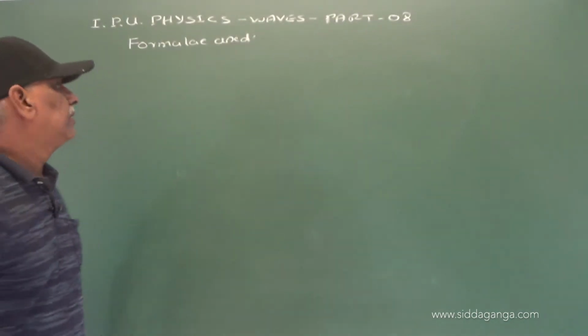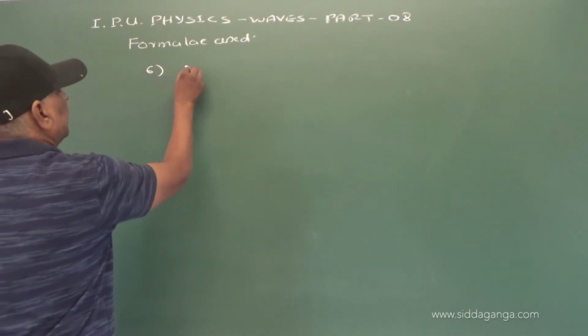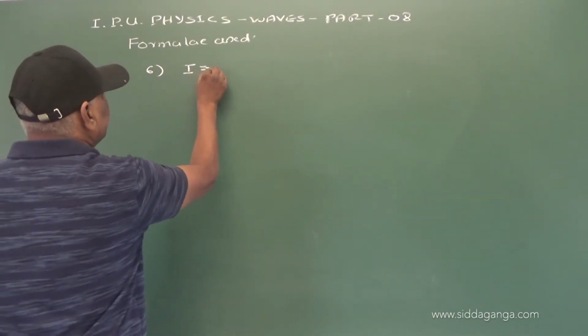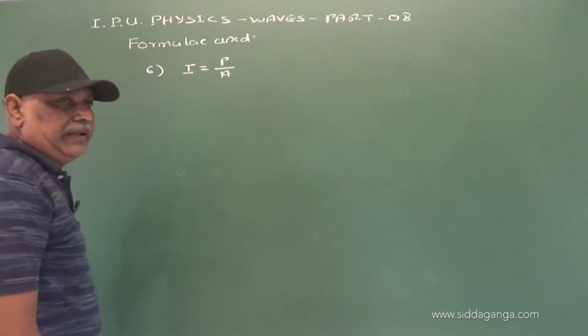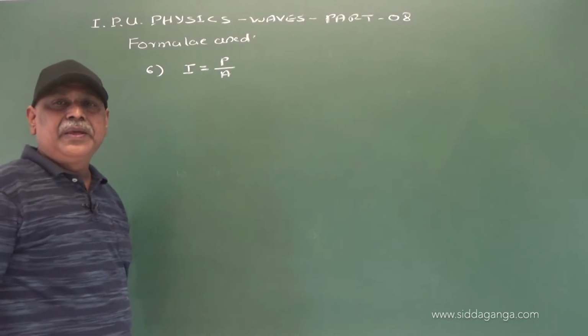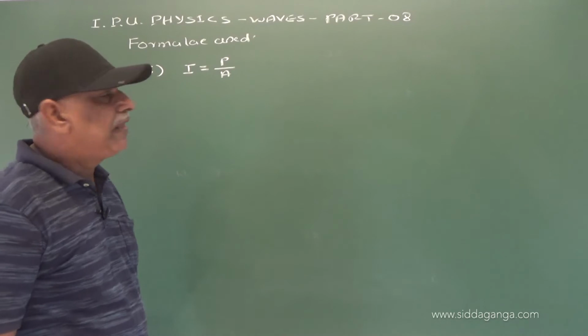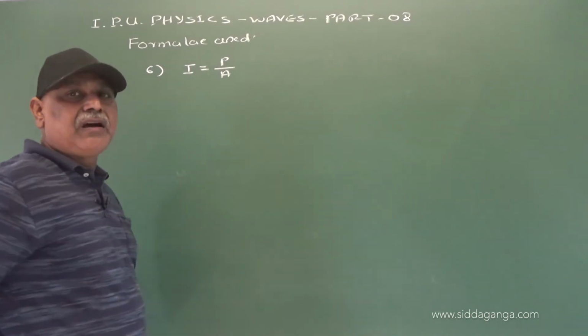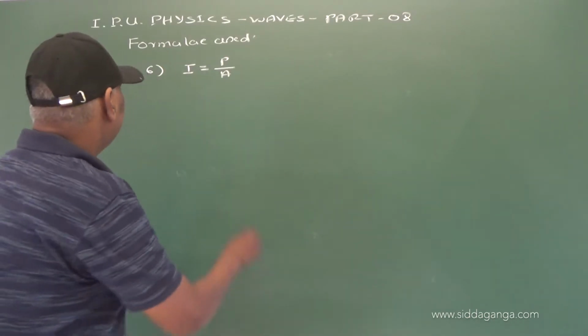The sixth one we have, intensity I = P/A, where I is intensity, P is the power of the source producing the progressive wave, and A is the area of cross section of the surface over which it is falling.